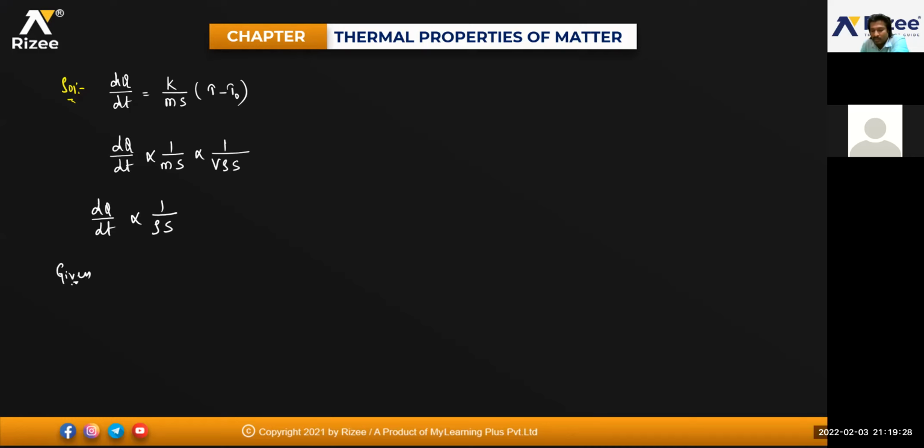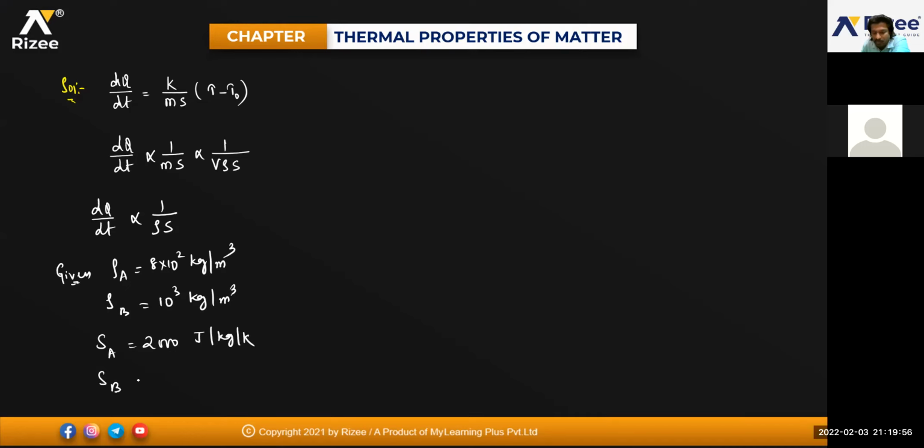Now, what is given in the problem, beta? I'm writing the data, you see. Density of A is 8 into 10 to the power 2 kg per meter cube. Density of B is 10 to the power 3 kg per meter cube. Specific heat of A is 2000 joule per kg per Kelvin.